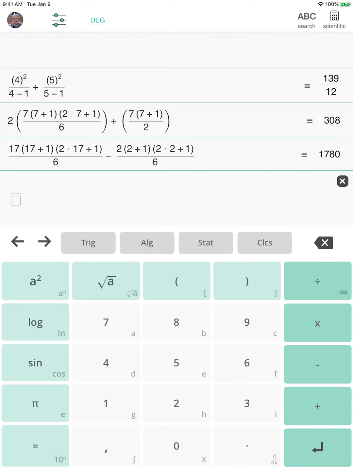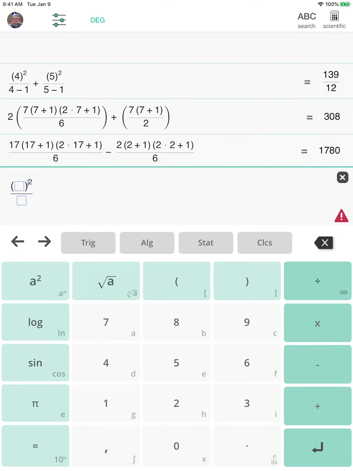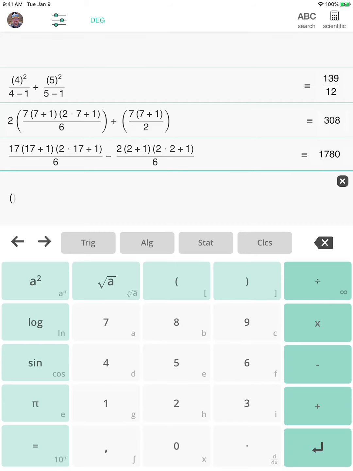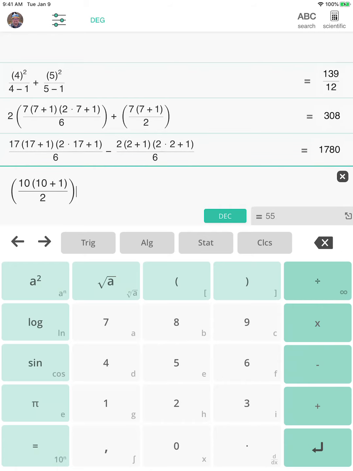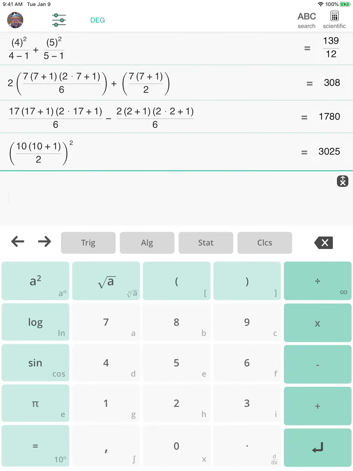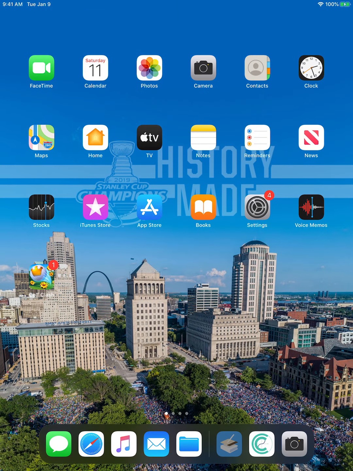So 10 times 10 plus 1 over 2, squared. And so that's 3,025.